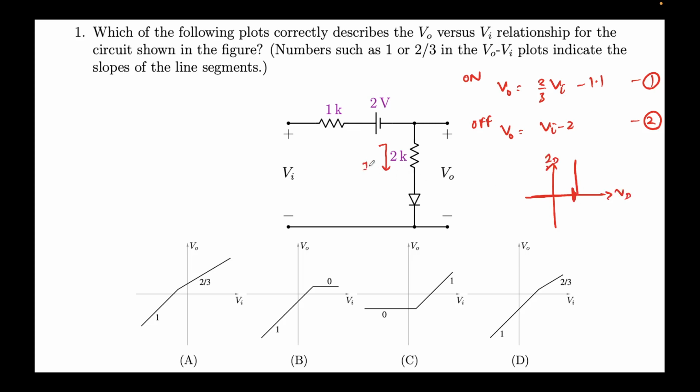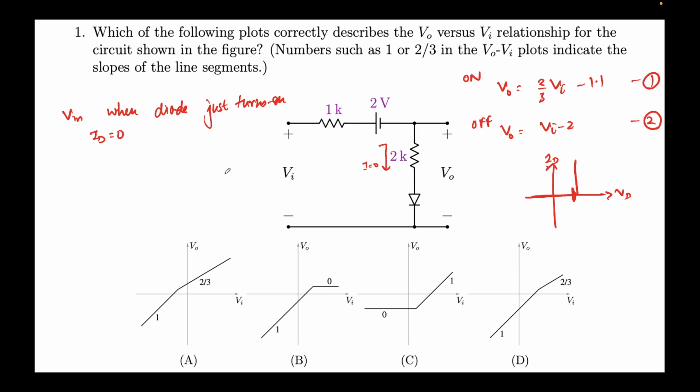So if I put I equal to 0, I'll find V in when the diode just turns on. So this is the voltage that we need, right? So how do we find that? We'll simply put ID equal to 0 in this circuit.